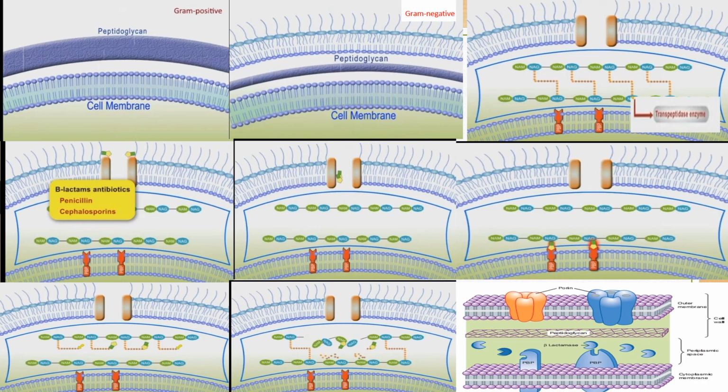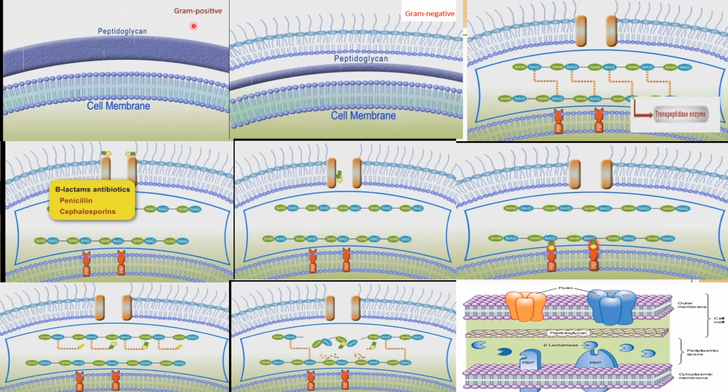Here we see how the antibacterial drugs inhibit the bacterial cell wall synthesis and its function. Different types of bacteria are broadly classified into gram-positive and gram-negative bacteria.